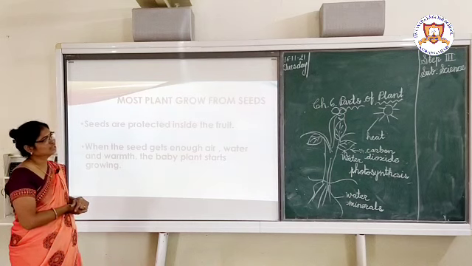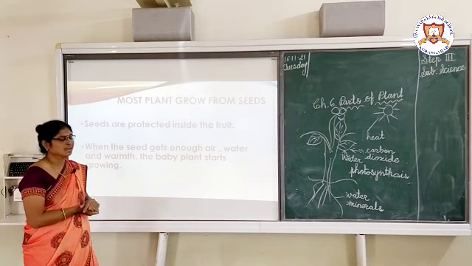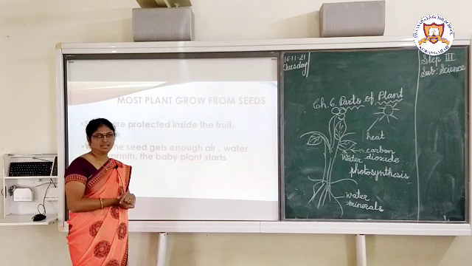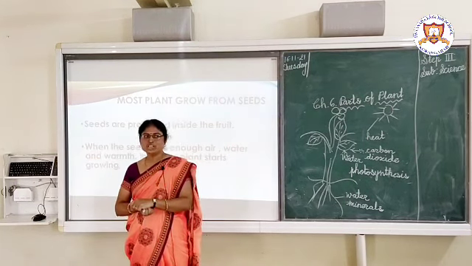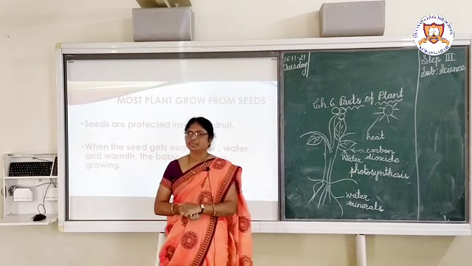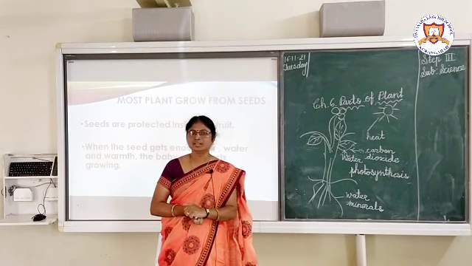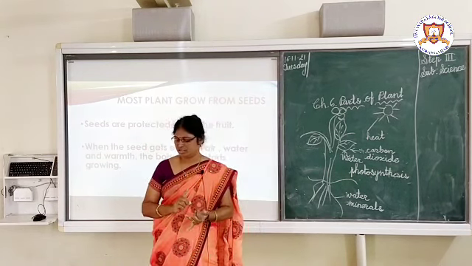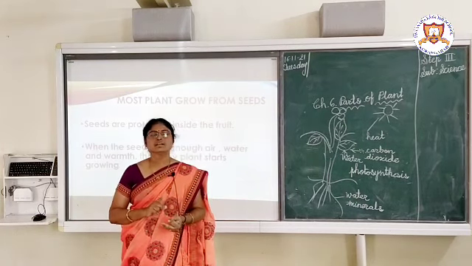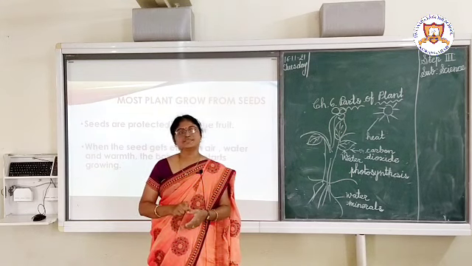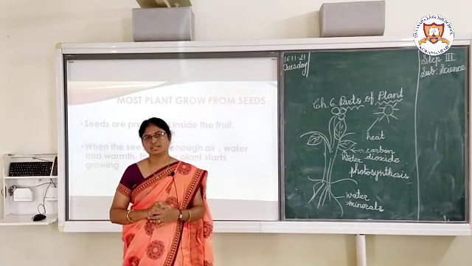Understood, all of you? I explained different parts of a plant today. So which are those parts of a plant? Can you tell me, children, once again? They are the root, stem, leaf, branches, flowers, fruits. Yes?